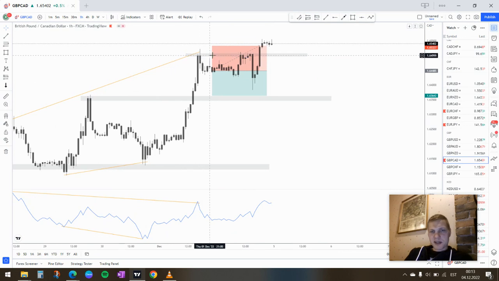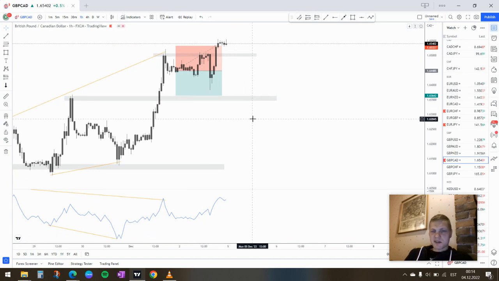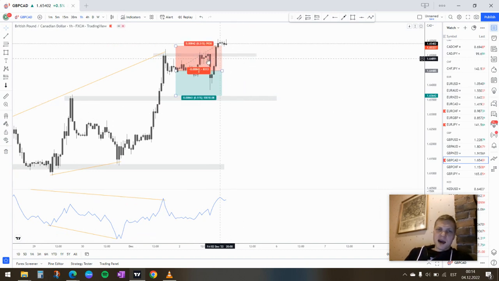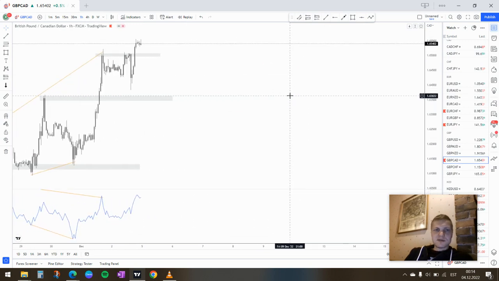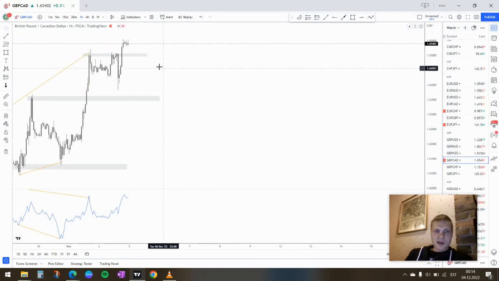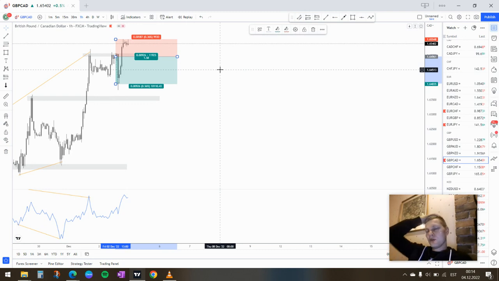Yes, there's a zone now on H1 forming here, but I still would not have taken the trade just because there was NFP on Friday. And yes, there technically is a zone here, but if I delete this trade, it's pretty obvious for me that if I would have entered somewhere over here, price is ranging on a high impact news event.